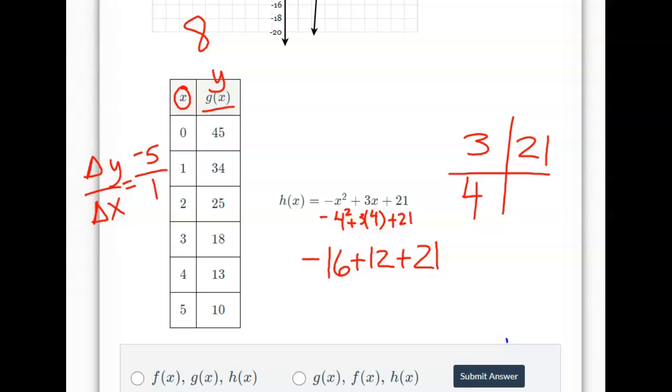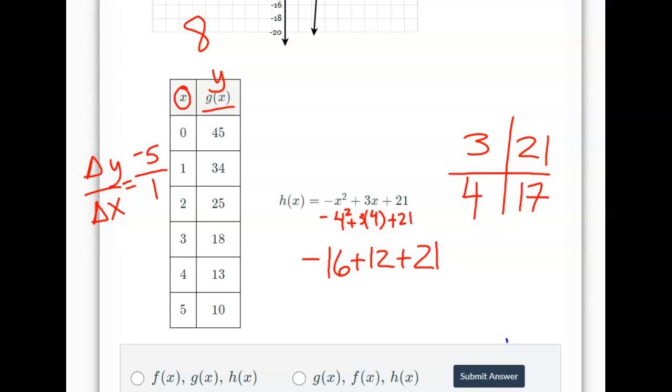So then when I just add that, it looks like I have -4 plus 21, which will leave me with 17. Can check it a different way. 21 plus 12, 33 minus 16. Yes, I get 17. Just checking my arithmetic there.